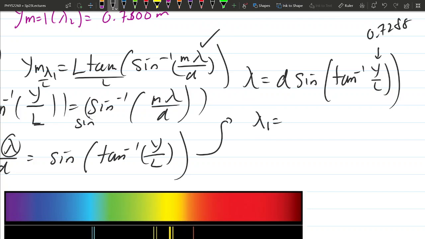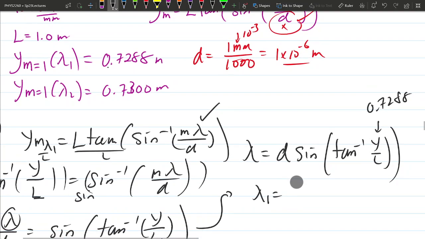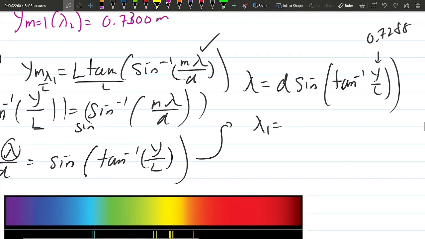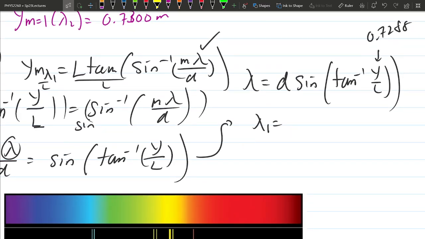So D is, what the heck was D? D is 10 to the minus 6, okay? I'm going to take the sine and then take the inverse tangent, which is this green function here, okay? And y is 0.7288, and the length is 1 meter, so that's nice. We don't have to divide by 1, okay? So lambda 1 is going to be 589 nanometers, okay?